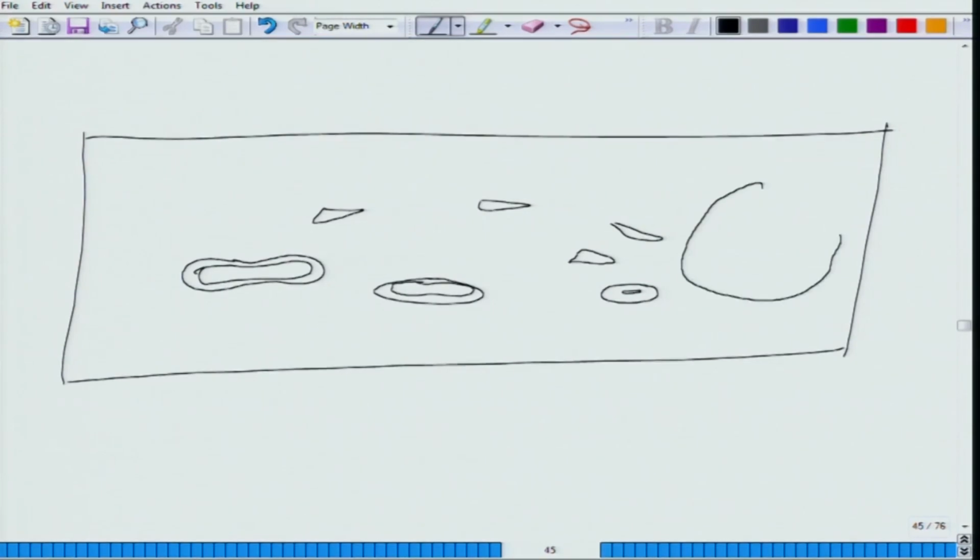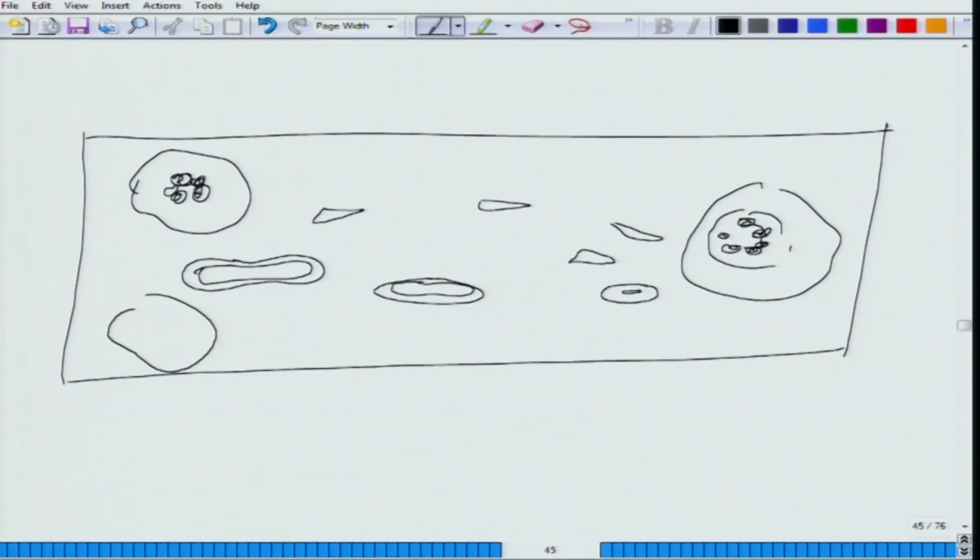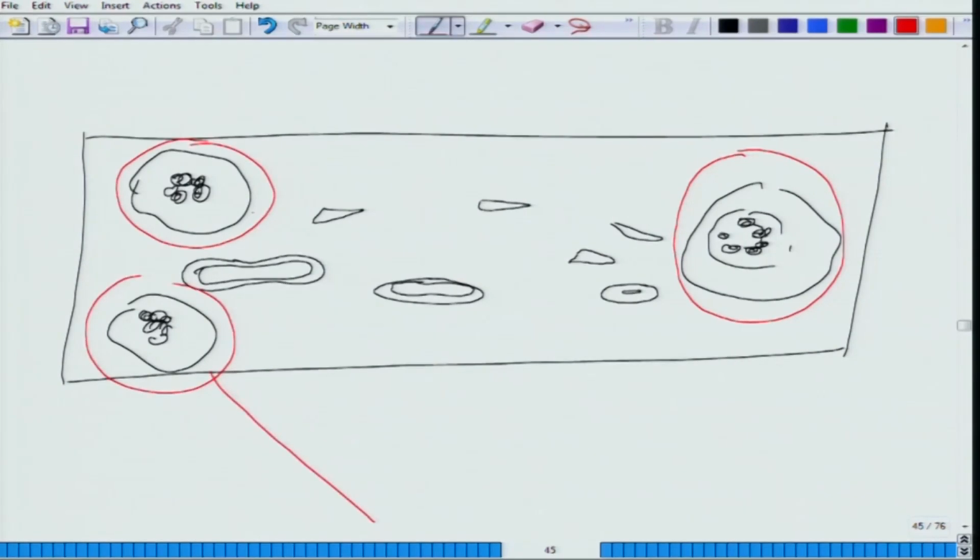You will see huge cells with something like this. Okay. Now look at this, and going by the dimensions, these huge cells which I am now circling in red are your WBCs.